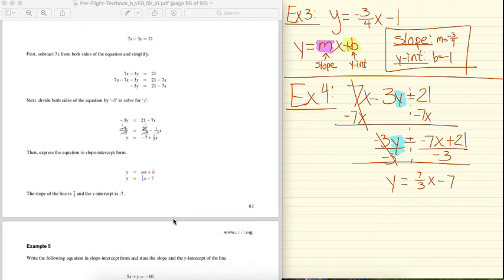So we get y equals 7/3 x minus 7. From here, identifying our slope, again remembering slope is the number being multiplied in front of x. And in our case, that's 7/3. Y-intercept is the number being added or subtracted on the end, and in our case, that's negative 7.